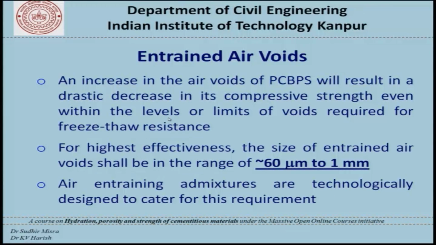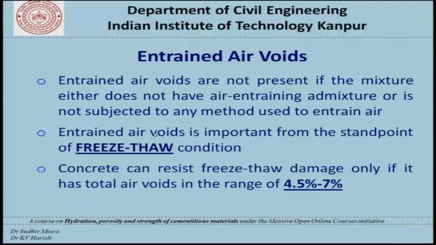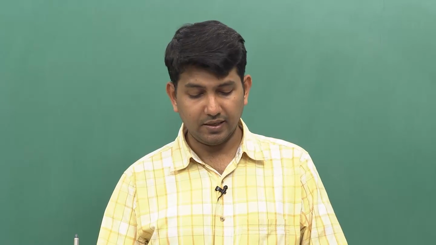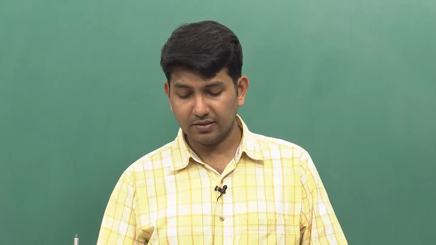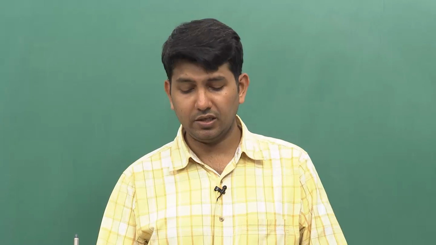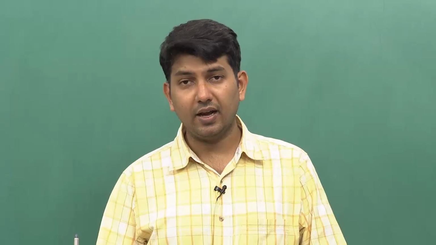And remember that this decrease in compressive strength can also be seen even within the levels or limits of voids required for freeze thaw resistance. That means if you have two mixtures, one containing 4% air voids and another containing 7% air voids, the one that is containing higher air voids will have lower strength.